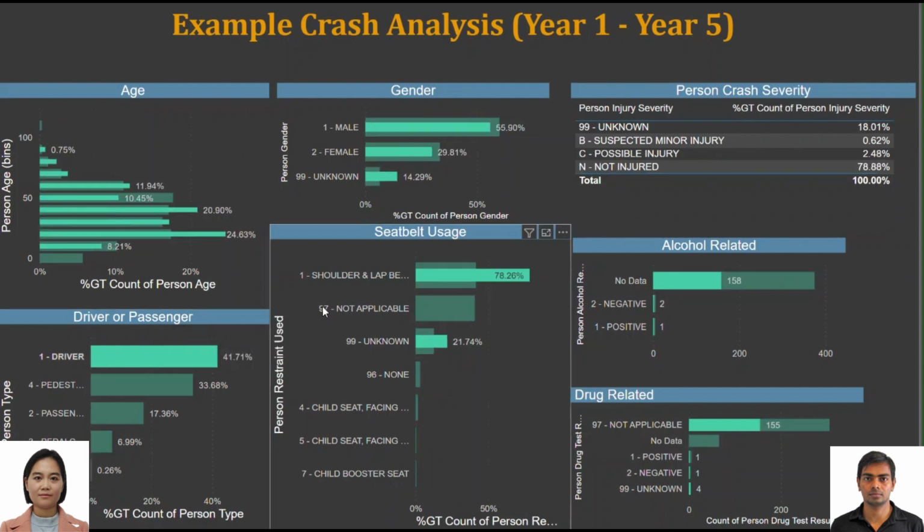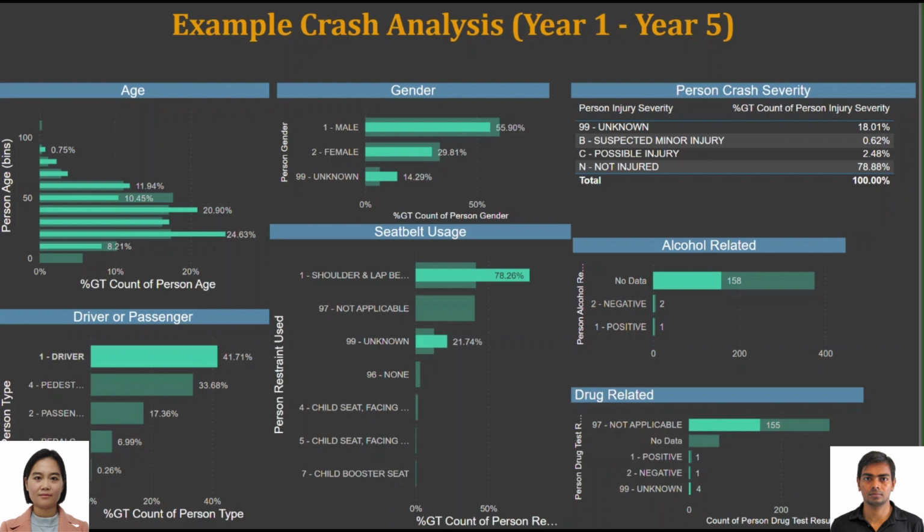Let's say we click on driver, then these are different distributions of percentages for different attributes: alcohol related crashes and seat belt use. Seat belt use is something many state DOTs are interested in, to see within crashes how many had drivers or passengers not wearing the seat belt.